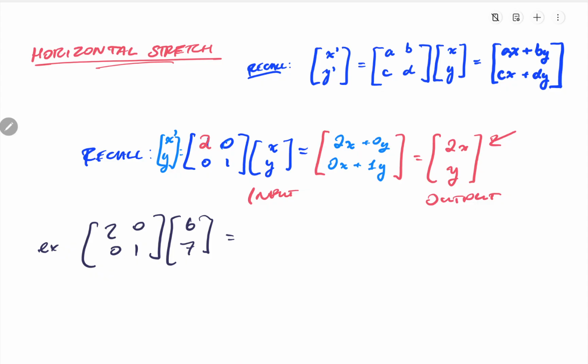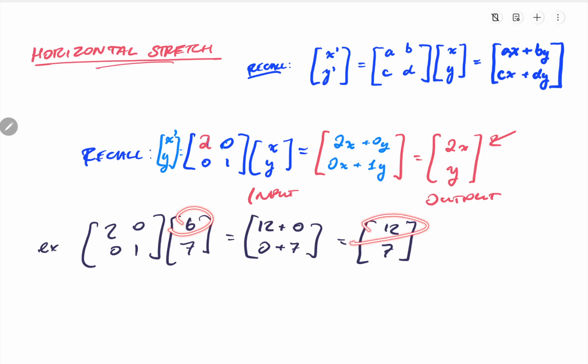Our first times our first gives us 12. We're going to add our second times second, and then our first times first will be 0 here, and then 7. So this will give us 12, 7. We notice that our original x value is 6, and our output x value is 12.